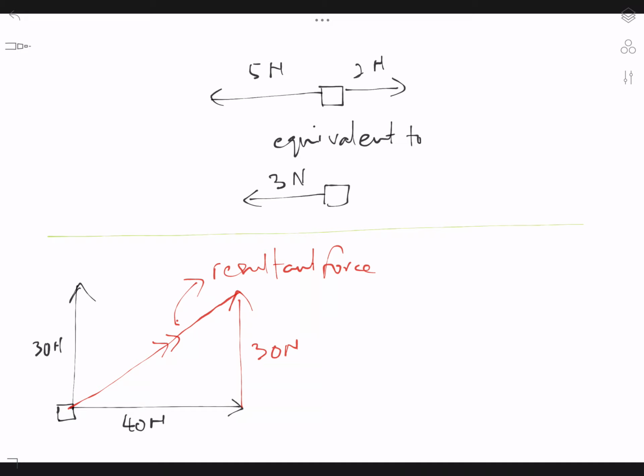So how do you know the magnitude and direction? Remember this, the angle here is 90 degrees.